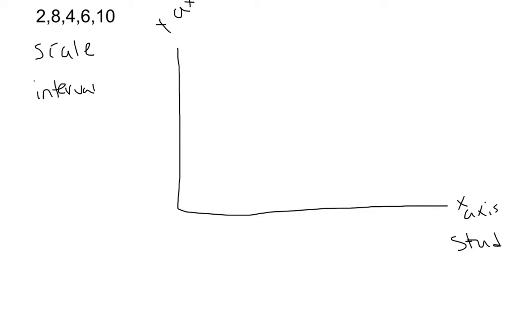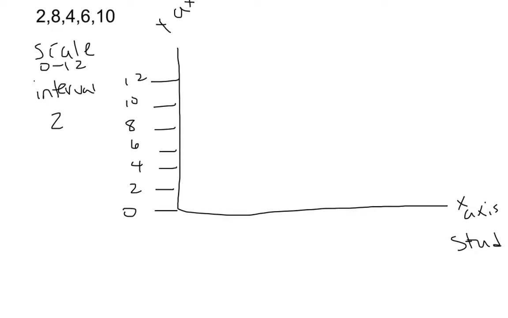I've got all even numbers, and I start with 2, so I'm going to say that 2 is going to be my interval. I'm going to start here at 0. My first interval is 2, 4, 6, 8, 10, and I'll go one more above 10, which is 12. So my scale is going to be 0 to 12.